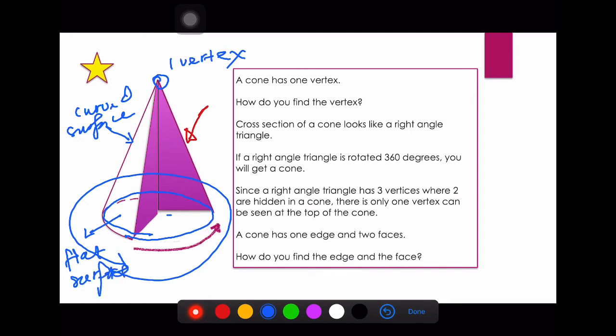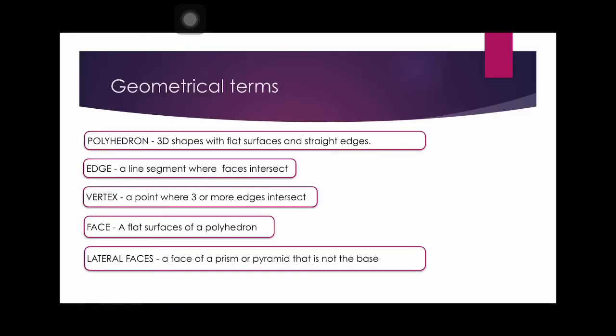So it has two faces, or rather two surfaces, the curved and the flat. Here are the geometrical terms for 3D shape: polyhedron, edge, vertex, face. Lateral faces is a face of a prism or pyramid that is not the base. So the one that I explained just now is actually called lateral faces.